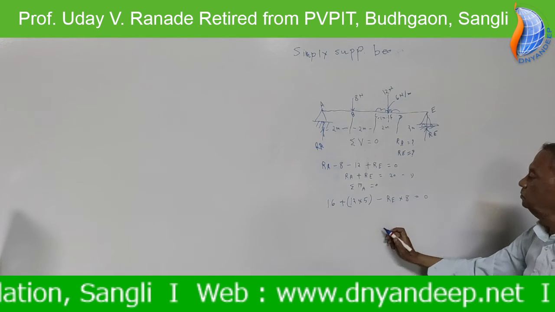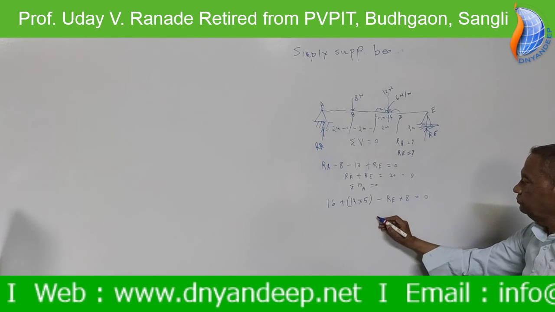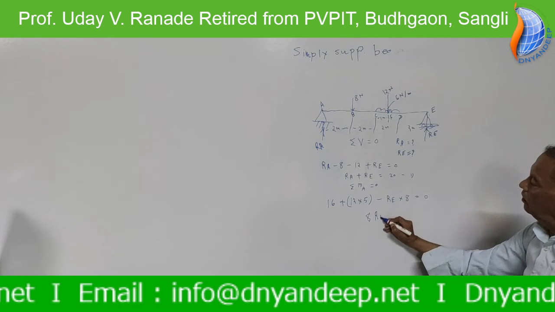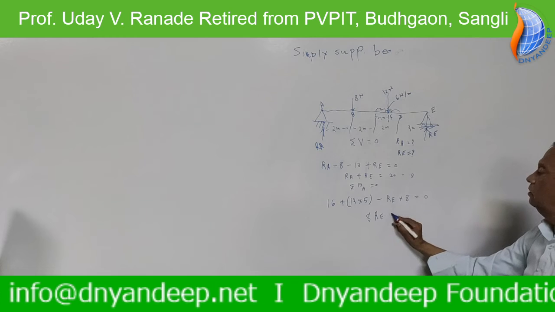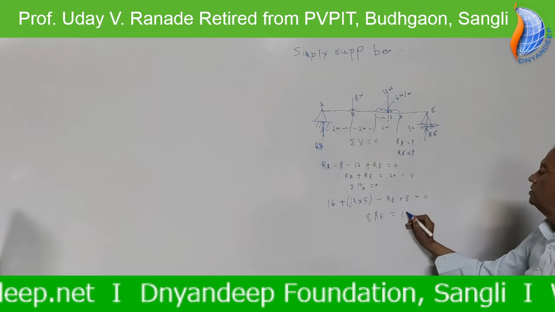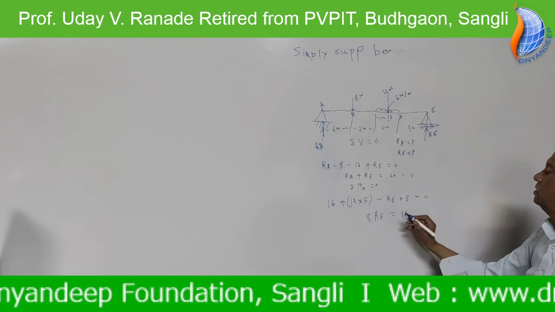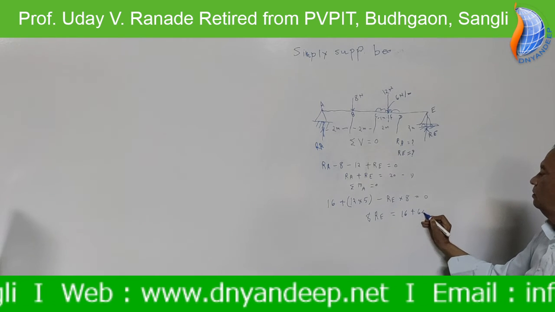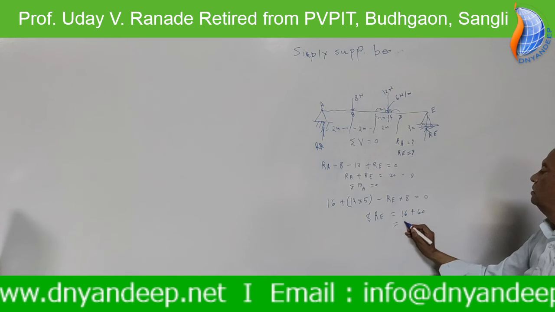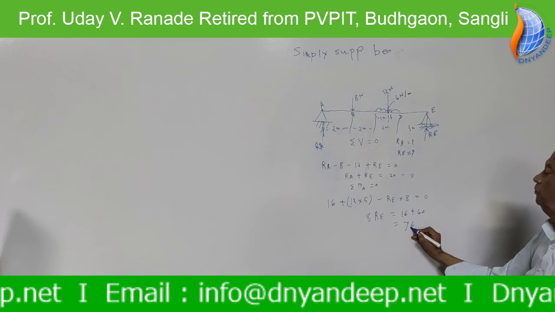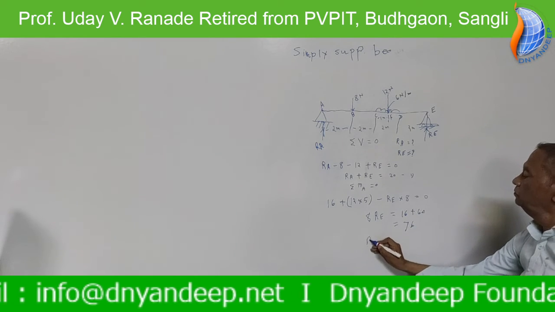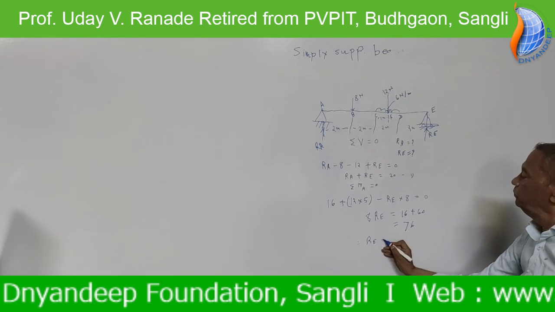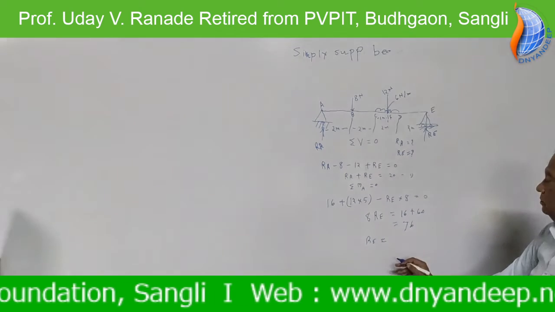So 8 RE goes on this side, equal to 16 plus 12 into 5, 60, equal to 76. So RE equal to, therefore RE equal to 76 upon 8.